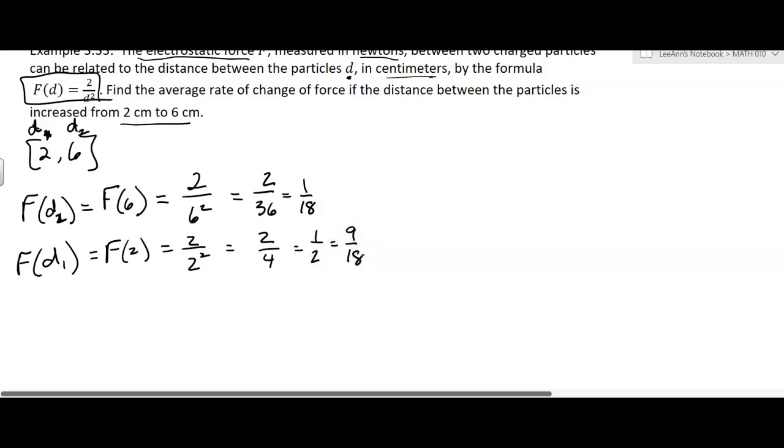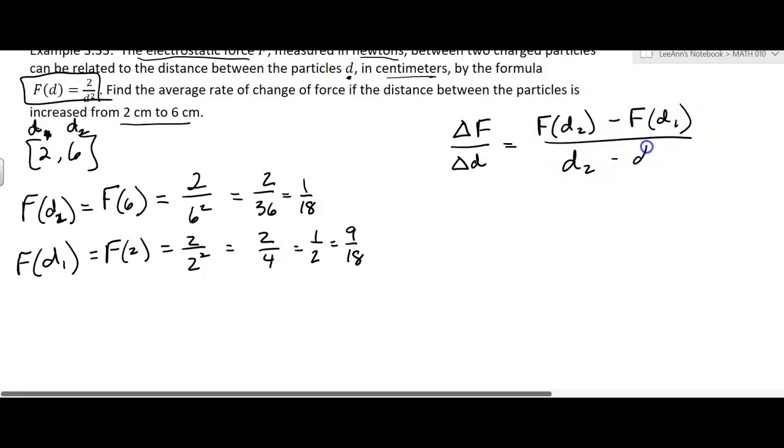Okay, so how do we do the formula? Well, we're finding the change in F over the change in D. So that's going to be F of d sub 2 minus F of d sub 1, over d sub 2 minus d sub 1. F of d sub 2 is F of 6, and F of d sub 1 is F of 2, and then d sub 2 is 6, and d sub 1 is 2.